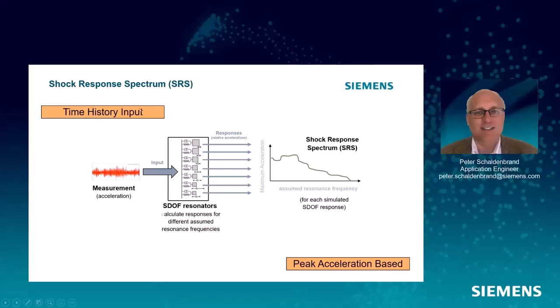So here's a condensed form of that. I take time in. Now, most people, when you say SRS, they think shock. But in this case, the SRS is calculated on a lap around the track or every one of your loading environments. And it's going to be the peak output response, peak output acceleration of that accelerometer.